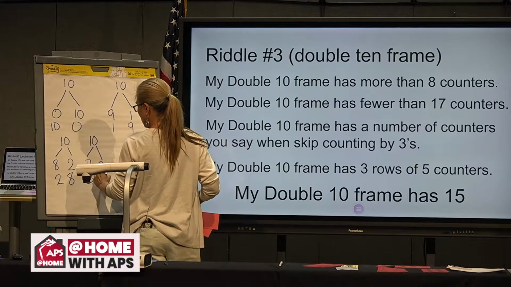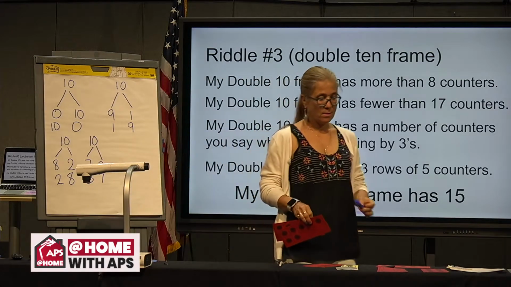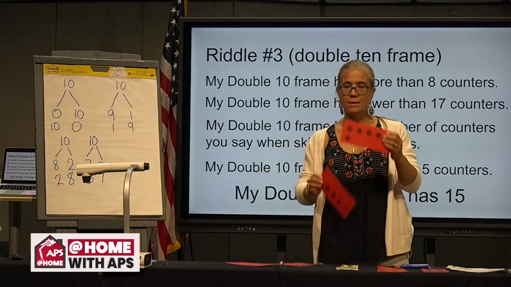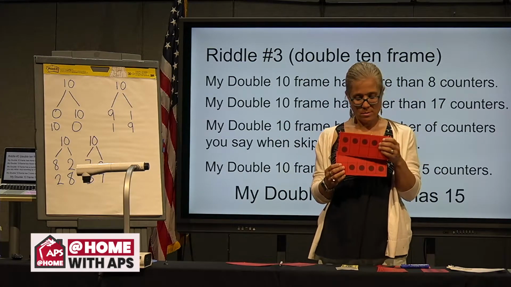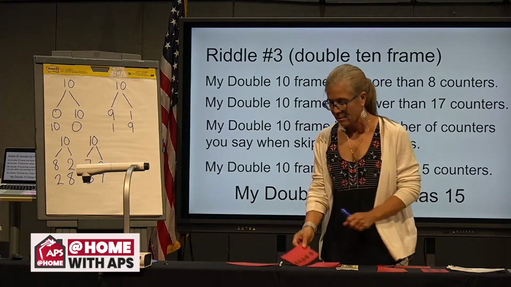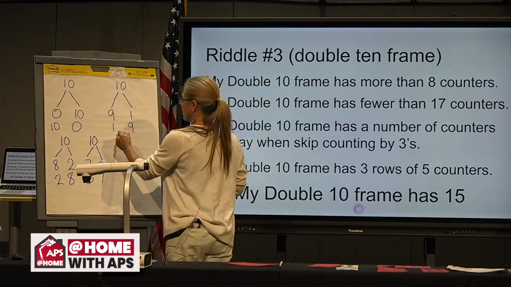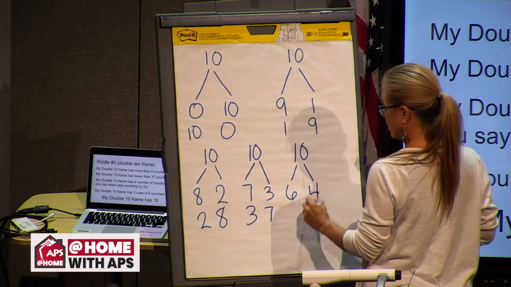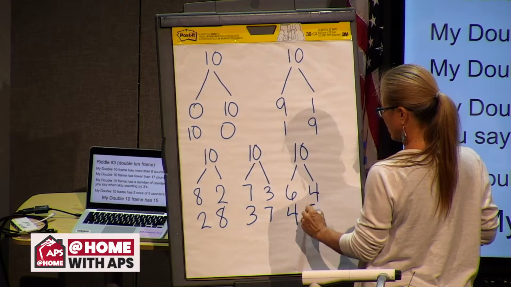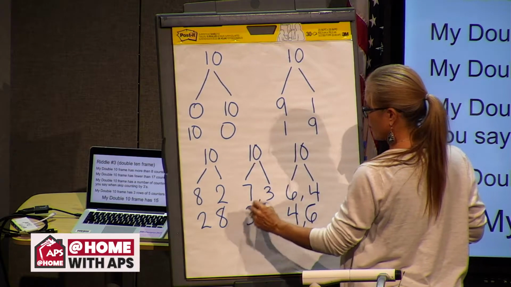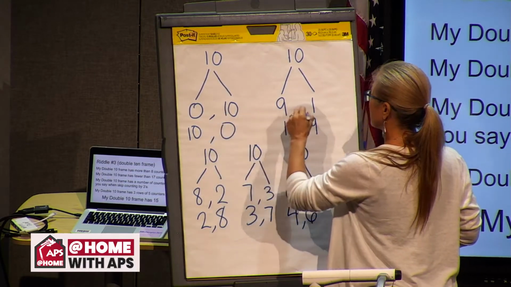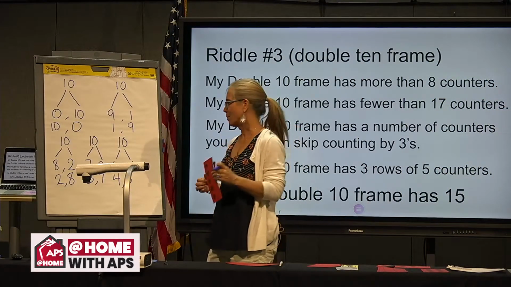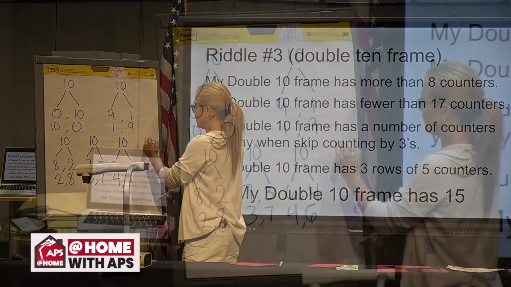Or we can flip those around and do 3 and 7. That was on our number today, wasn't it? 6 and 4 will make 10. And our last one, which I think you all know, it's a double. 5 and 5 will make 10.